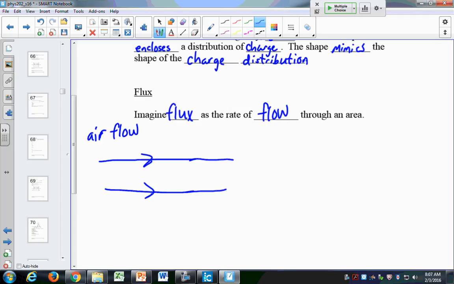And then we put in a surface. So we imagine that that airflow is going through some square or whatever. It's going through some area that you're imagining the air is flowing through. So we imagine that all of the air is flowing through this surface.